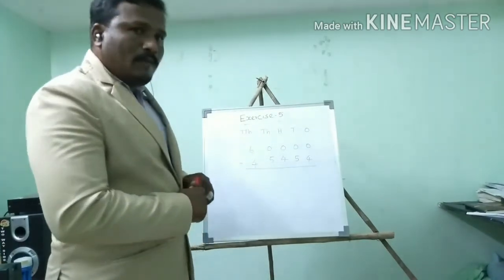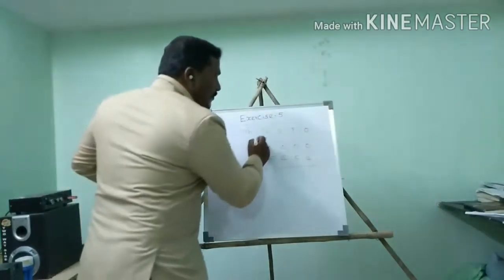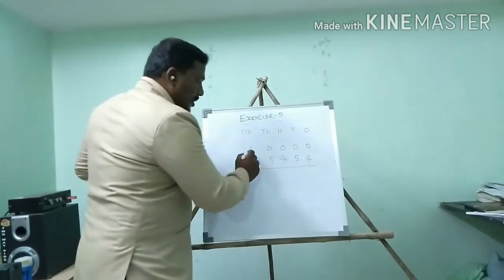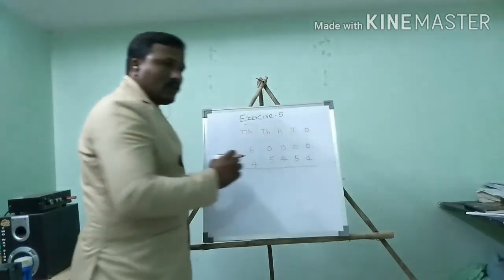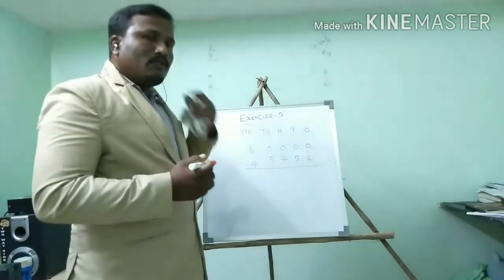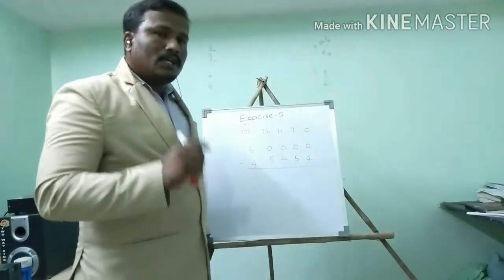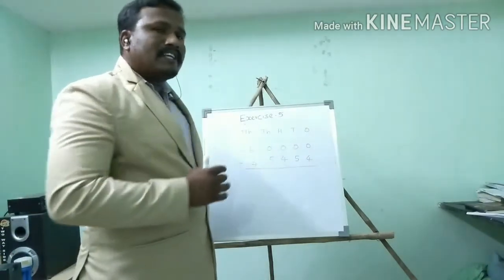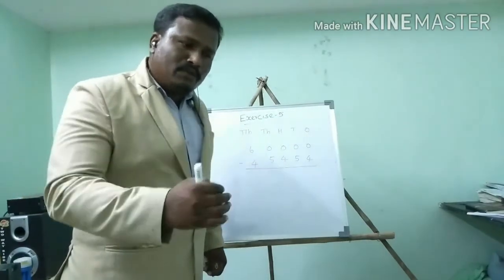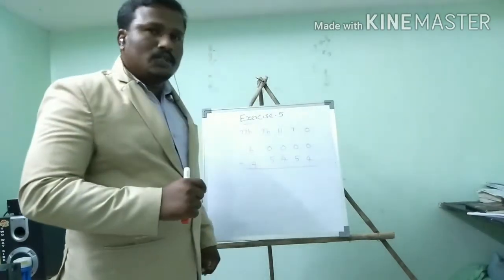So you cannot jump from here to here. Let me see a simple example. If you are at your home and you want to go to Modern Public School, can you jump from your home to school? You can't jump, na?